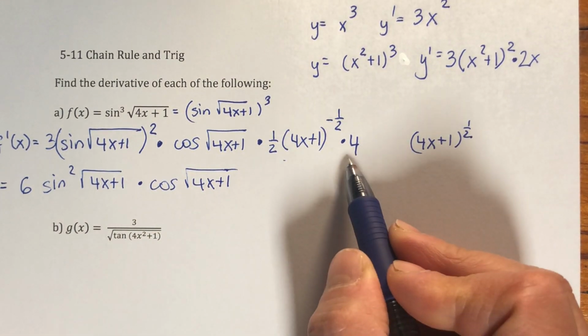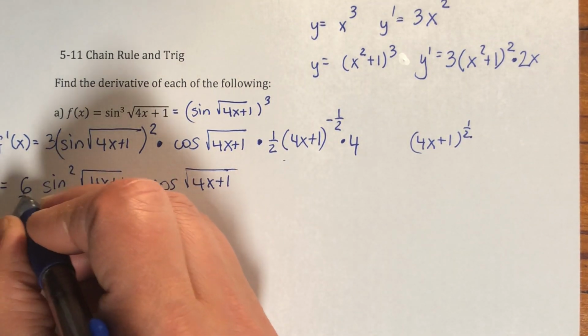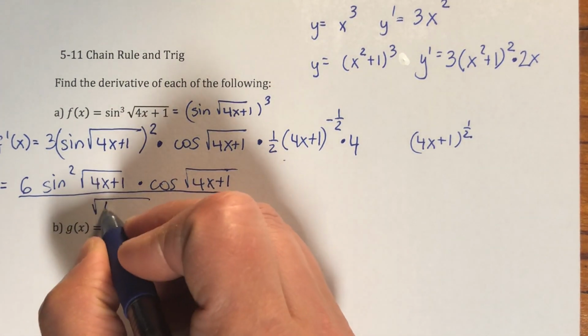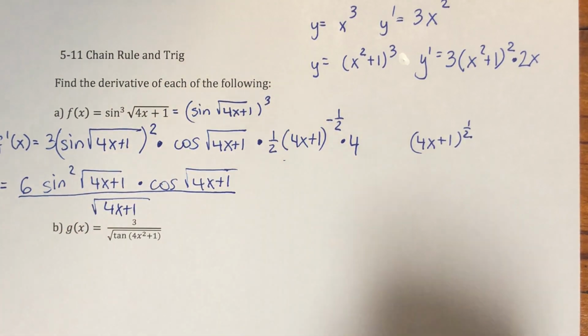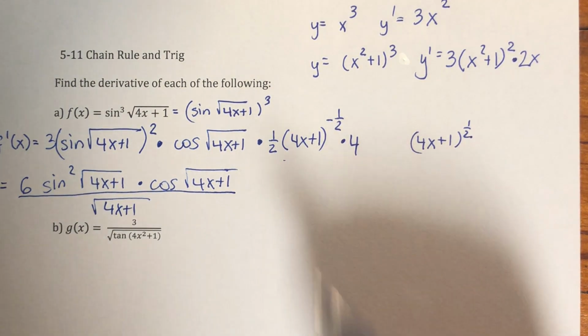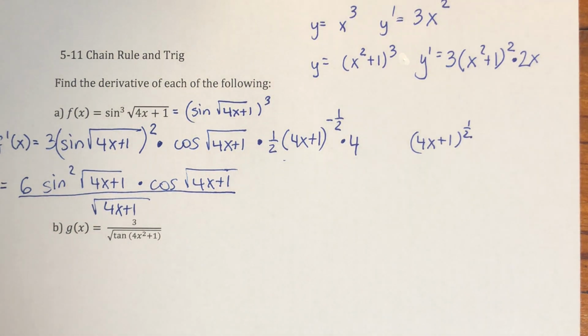I took care of those numbers, and because this is negative 1/2, I am going to put this in the denominator as a square root of 4x plus 1. Done. I don't think we can simplify anything else. This looks pretty good to me. All right, we'll do the next one.